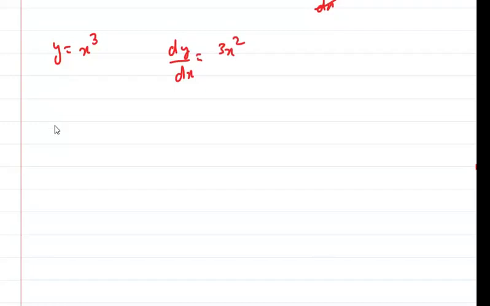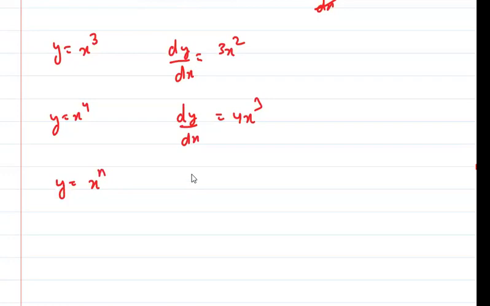If y is equal to x to power 4, then dy by dx is given by 4x cube. So there's a general formula which is if y is equal to x to power n, then dy by dx is given by nx to the power n minus 1. हाँ या ना?